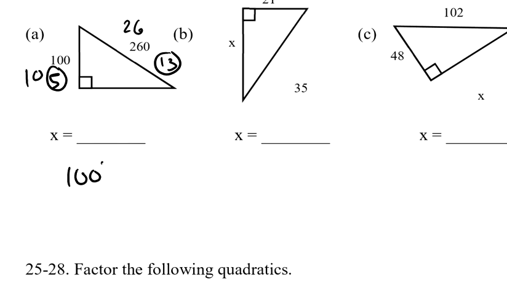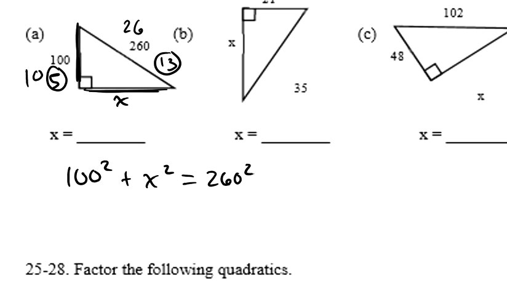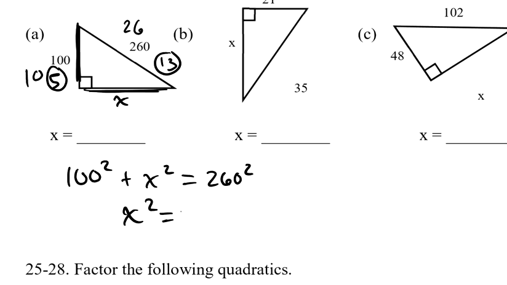So I'm looking at 100 squared plus x squared. So again, you're looking at a leg squared plus the other leg squared, and that always equals the hypotenuse squared. So I'm just on my calculator taking 260, squaring that, and then from that I am going to just subtract 100 squared.